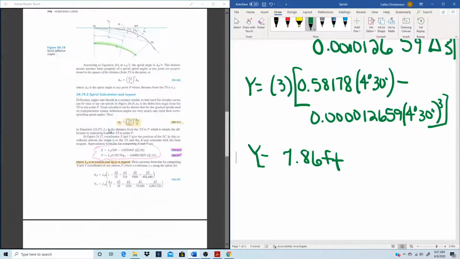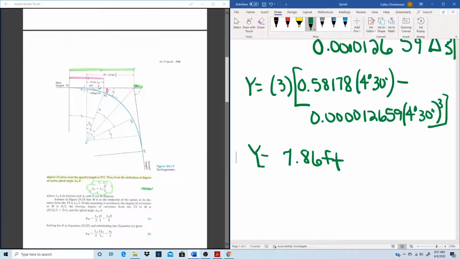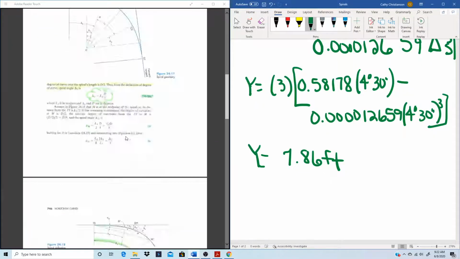So that would be y. So you can see it's small. It's kind of like we're setting up a right triangle. But we're solving for x and y so that we can solve for the throw, which is this little distance here, and we need that to solve for our throw up here, and then to eventually get the h.